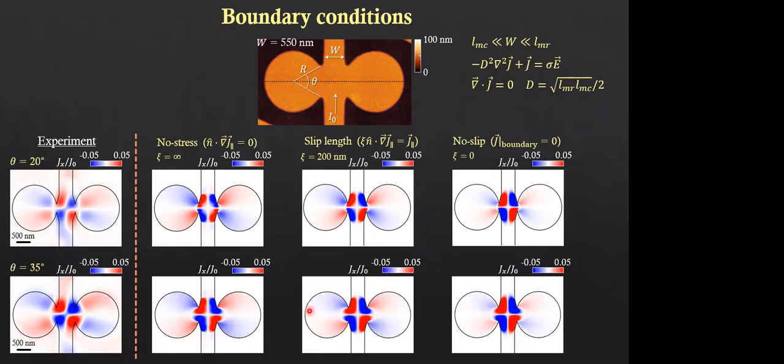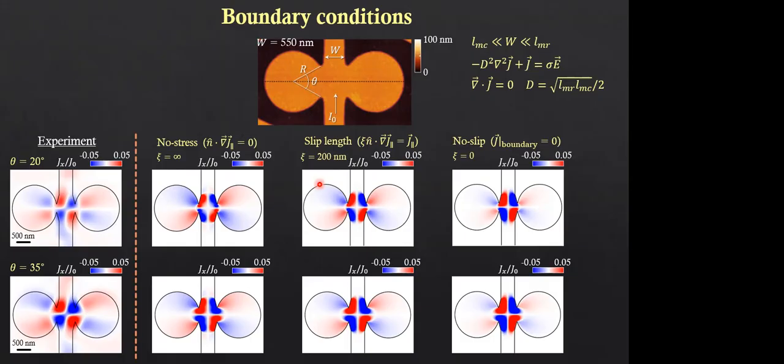So if we compare the simulation with the experiment, we see that for experiment, this blue and red regions inside the chamber and in the channel are almost comparable, which is not the case for no slip boundary condition. But they are almost the case for no stress and having a finite slip length boundary condition.